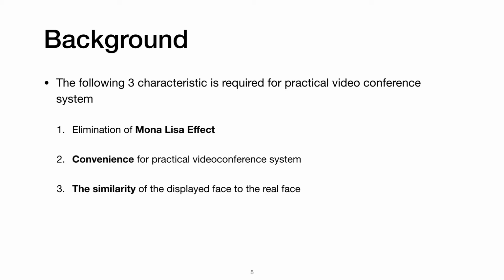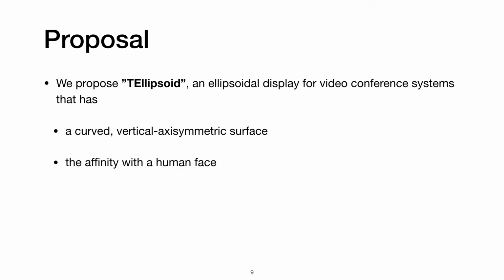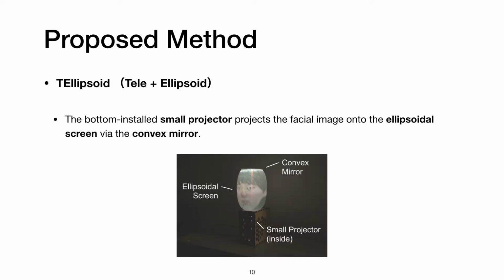So these three characteristics are required for a practical video conference system: elimination of the Mona Lisa effect, convenience, and similarity of the displayed face to the real face. So we propose TEllipsoid, an ellipsoidal display for video conference systems that has a curved and vertical axisymmetric surface and affinity with the human face.